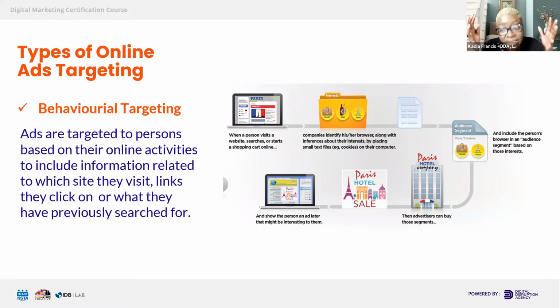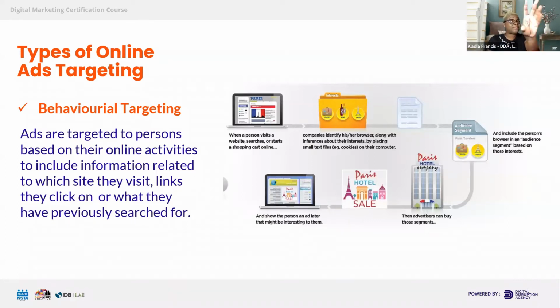As a brand or business, you identify her browser along with inferences about their interests by placing small text files, these are the cookies, on their computer. These small text files are collecting information, yeah? Now, you include a person's browser in an audience segment based on those interests.